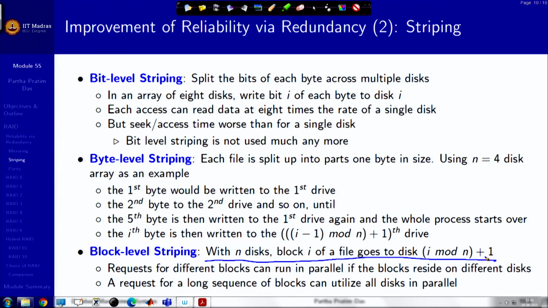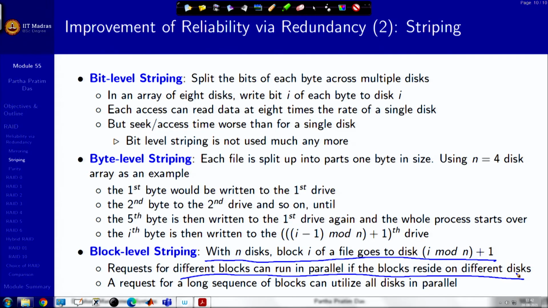Requests for different blocks can run in parallel if the blocks reside on different disks, right. Of course, after n, blocks will fold back to the first disk, so some blocks will be on the same disk. A request for a long sequence of blocks can utilize disks in parallel, right.